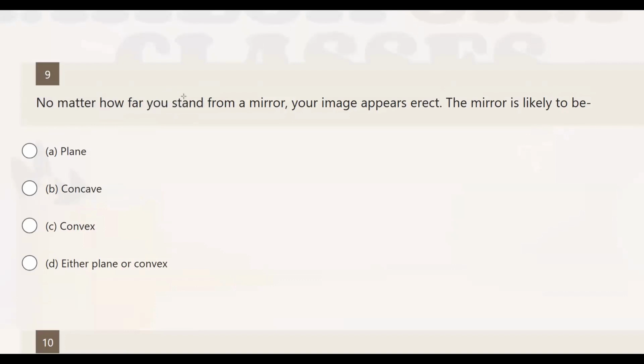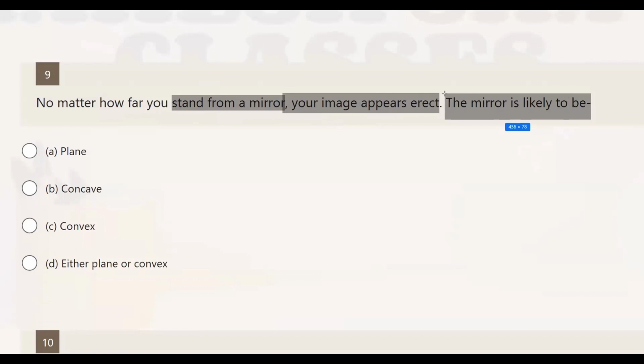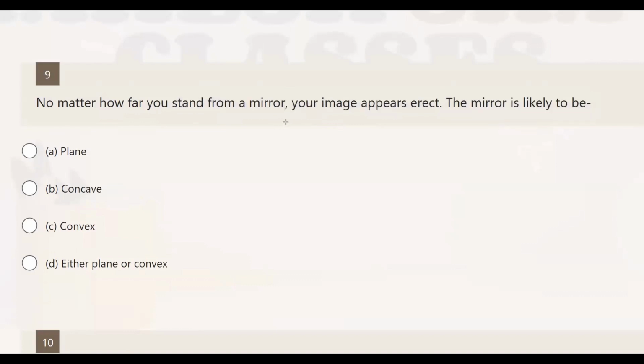In the ninth question, it says, no matter how far you stand from the mirror, the image appears to be erect, and the mirror is likely to be. Most of you take a snap decision and answer plane mirror, because a plane mirror always forms a virtual image. It's always erect, always behind the mirror, always the same in size.